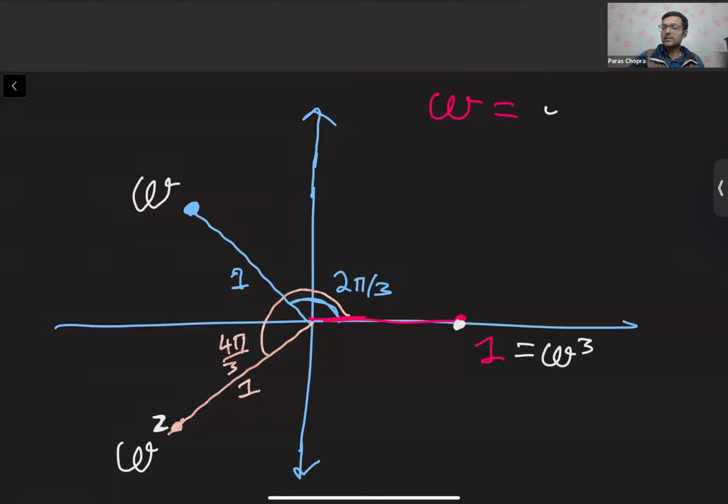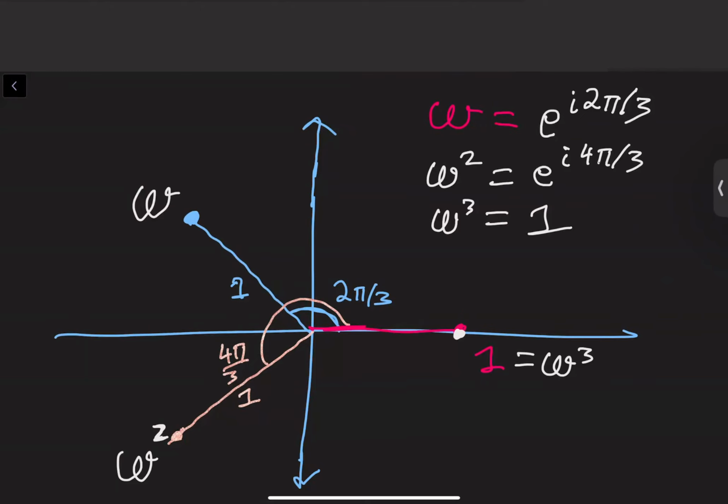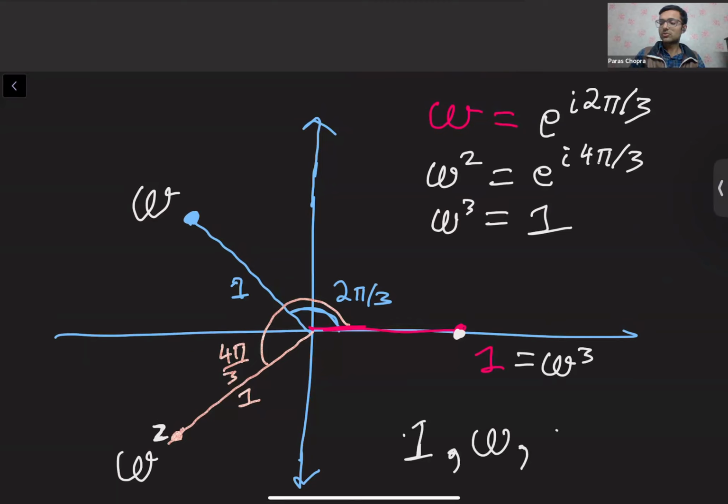So omega is equal to e to the power I 2 pi over 3. Omega square is equal to e to the power I 4 pi over 3. And then we have omega cube is equal to 1. So 1, omega and omega square, these are also known as the cube roots of 1 in the complex plane.